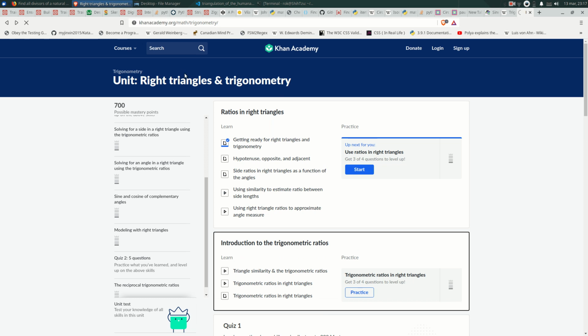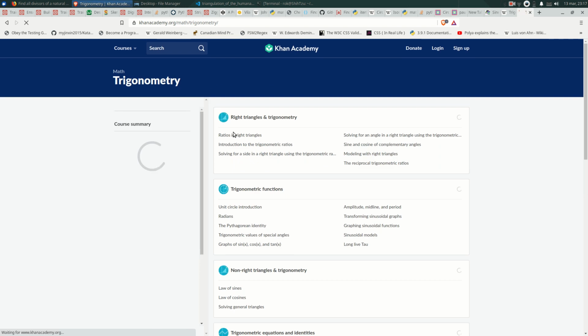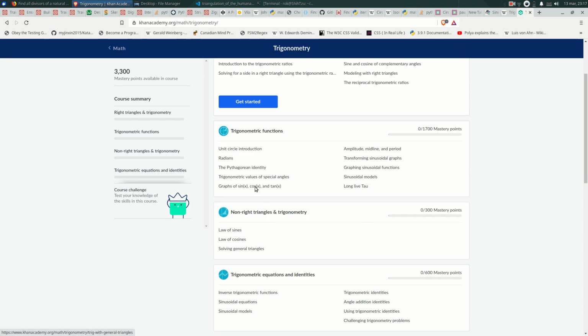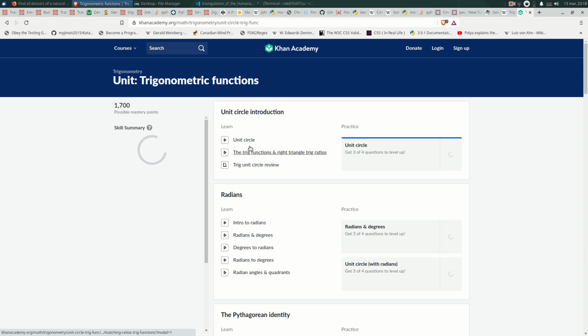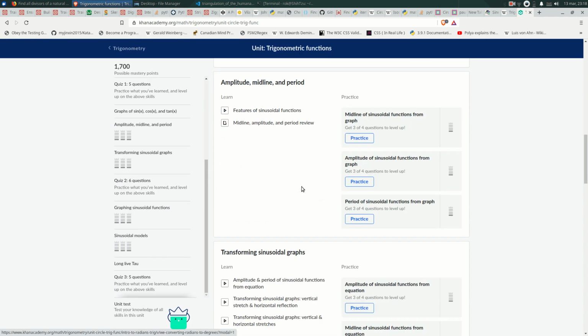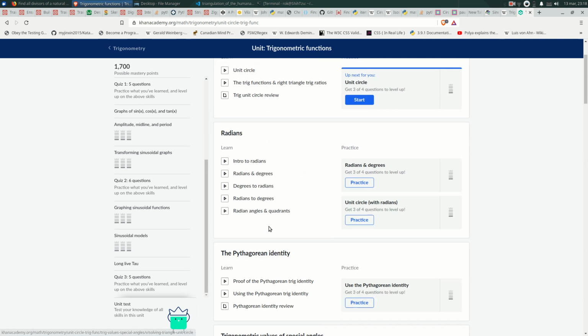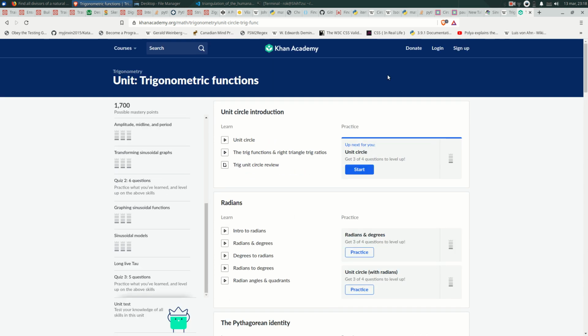This thing is just not usable. Right triangles, trigonometry, trigonometric functions, non-right triangles in trigonometry. So we've got those three trigonometric functions, which are quite plenty. That will be our next day's task, to go through that, to be able to solve that one.